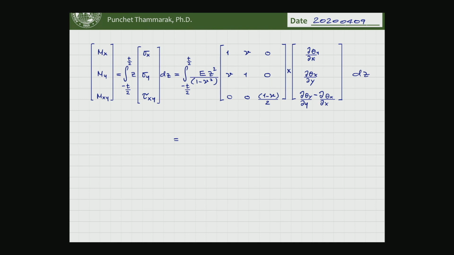When you cube it, you get t cubed over 8, right? 2 cubed is 8. So you get t cubed over 8 minus minus t cubed over 8. That turns out to be t cubed over 4.